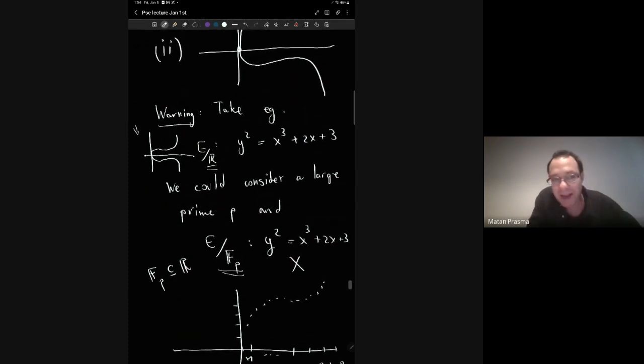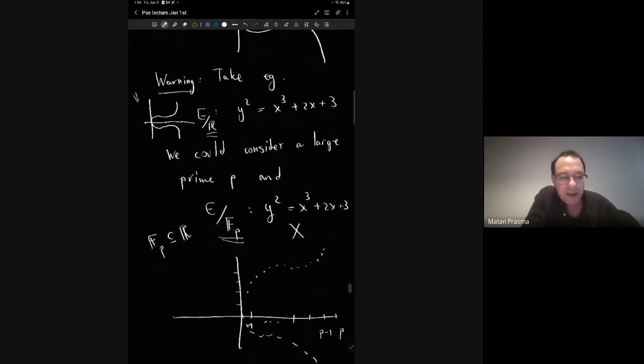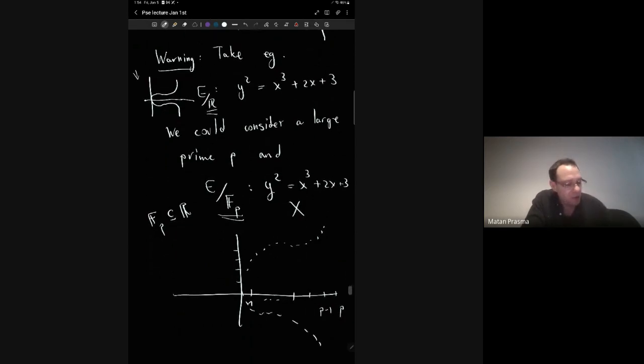You can try to plot it for large primes. You will get some junk. Nobody, at least until now, was able to make sense of the geometry if you try to plot the solutions of an elliptic curve over a finite field.